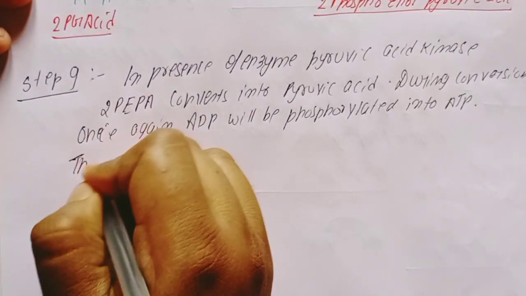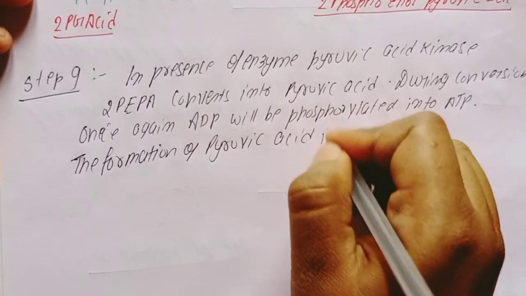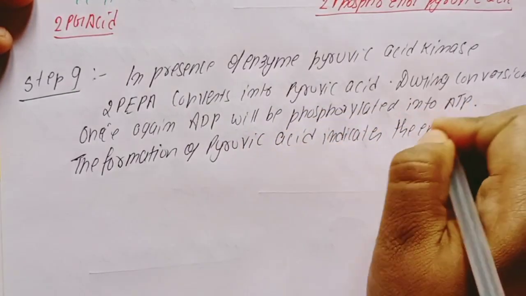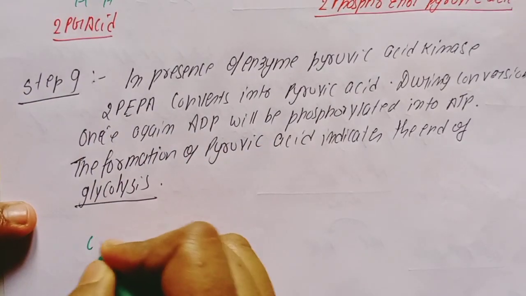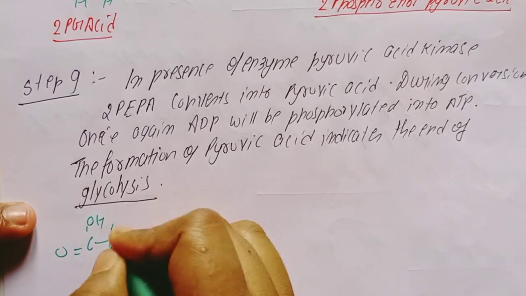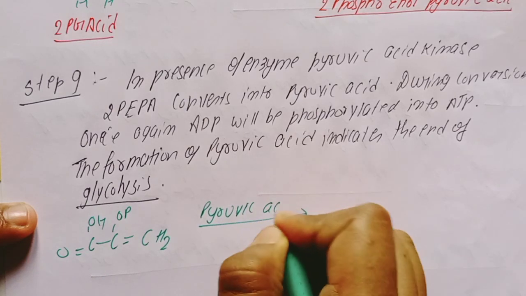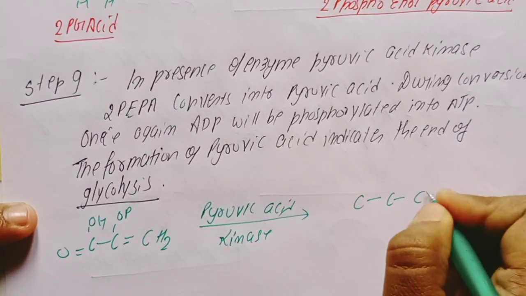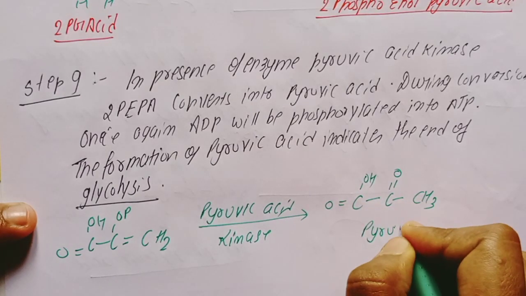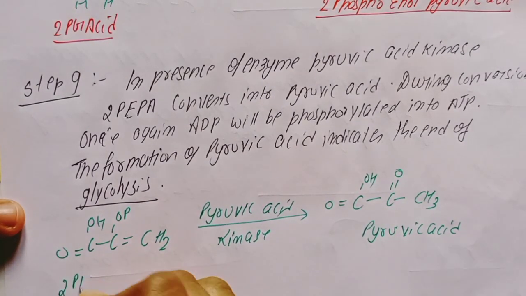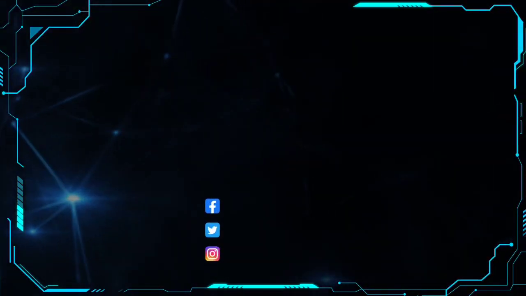So the formation of pyruvic acid indicates the end of glycolysis, and this is how glycolysis occurs in 9 steps. The last step is also the payoff stage where the ADP is phosphorylated into ATP. So here we get two molecules of ATP. So in total we get about 4 ATP.